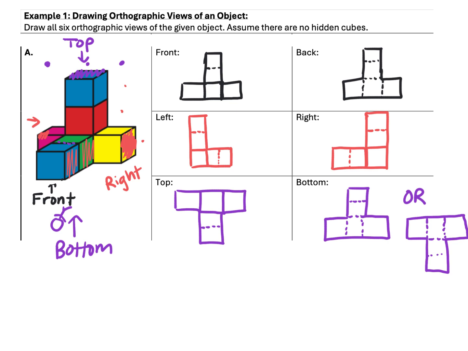Are you going to lay with your head facing this way, or are you going to lay with your head toward the back and facing the front? This one is where my head's in the back. This one is where my head's in the front. Again, it also really helps if you take the linking cubes that we have available in class and build the figure so that you can turn it and look at it from all its different perspectives.